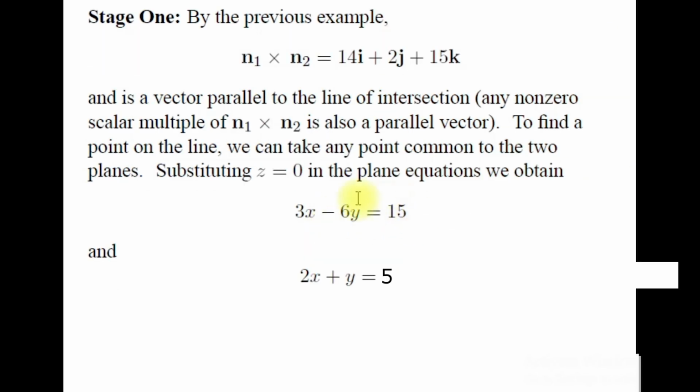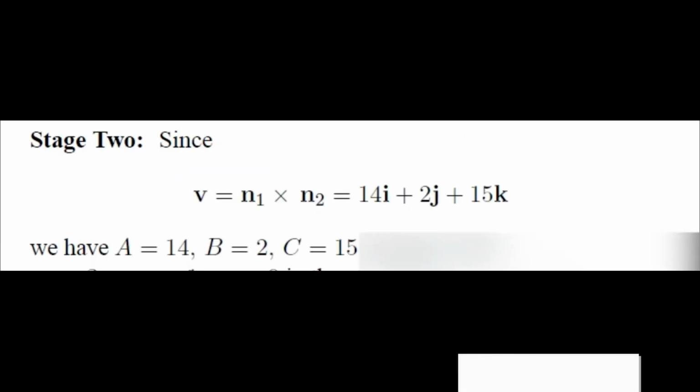We get these two equations. Solving for x and y from these two equations gives x is equal to 3, y is equal to negative 1. Already we have z is equal to 0. So a point on the line is the triplet 3, negative 1, 0. Stage 2.